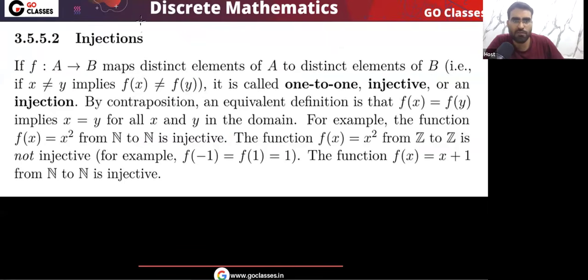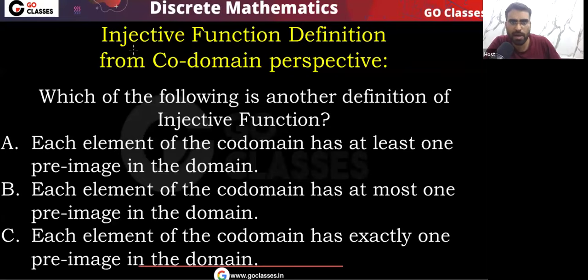So far we have seen it from domain point of view, because we are saying that injective function means different elements of domain have different images. Yes or no? Now I am asking the definition from codomain point of view. Read this and tell me the answer.